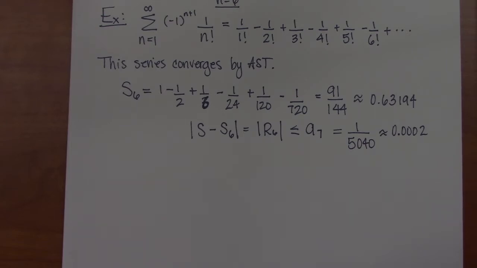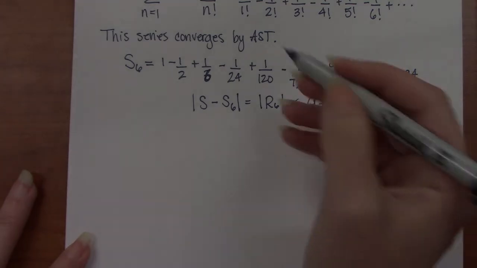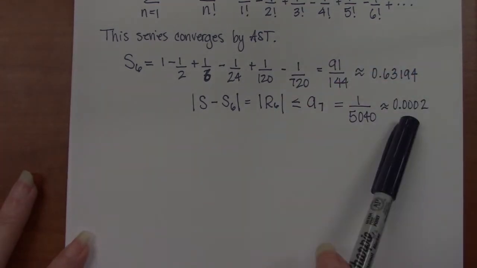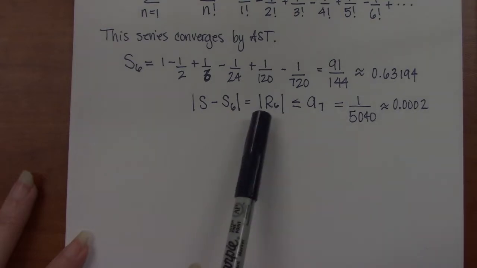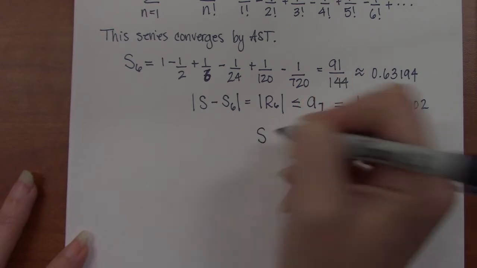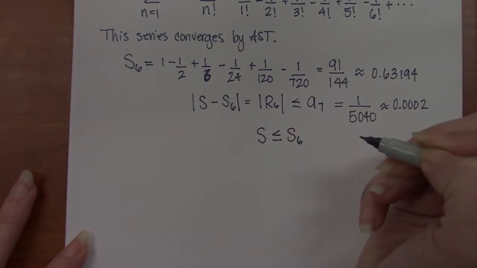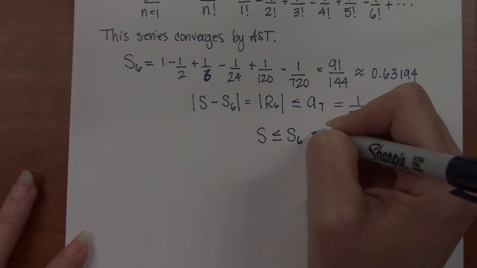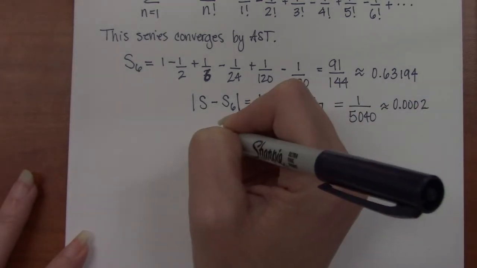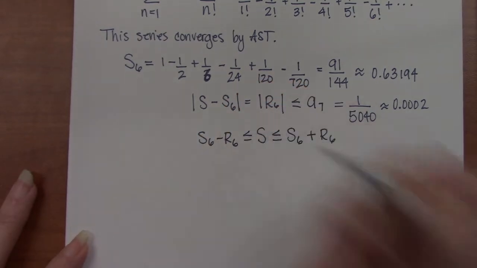So if we go back to this original equation, I can rearrange it and say, well, remember, this is the absolute value. So I don't know if it's a positive or a negative value because it depends on how we indexed the series. So the sum of the series should be no more than the first 6 terms plus that remainder, but no less than the first 6 terms minus that remainder.